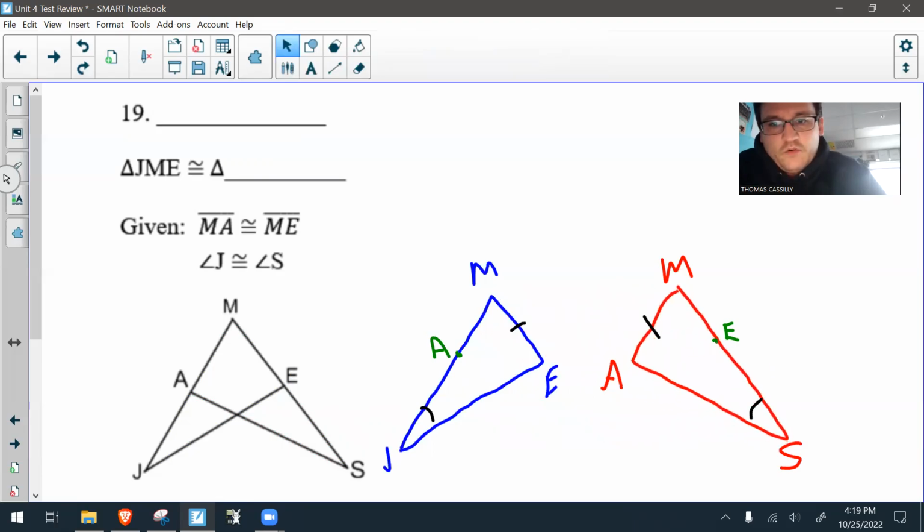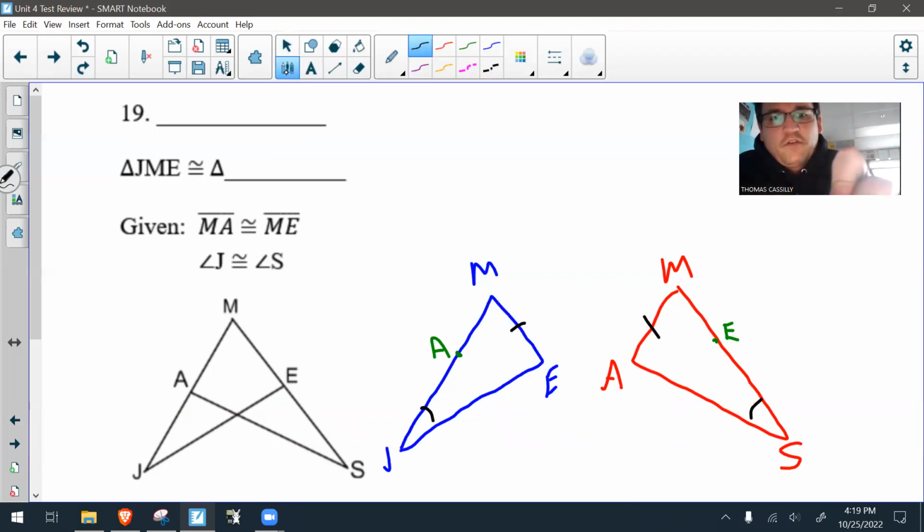We just ignore that it's there for the time being. But keep in mind, both of these triangles still have this angle in common. So this one is an angle side. So we know JME is going to go with SMA.